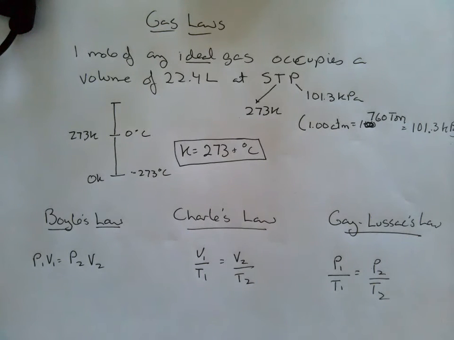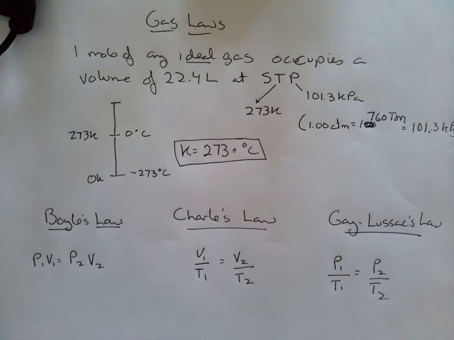If you've got 1 mole or 6.02 times 10 to the 23 particles, it will occupy 22.4 liters. So the mystery here is, what is this STP? This is standard temperature and pressure. This means at 273 Kelvin, which is 0 degrees Celsius, and 101.3 kilopascals.